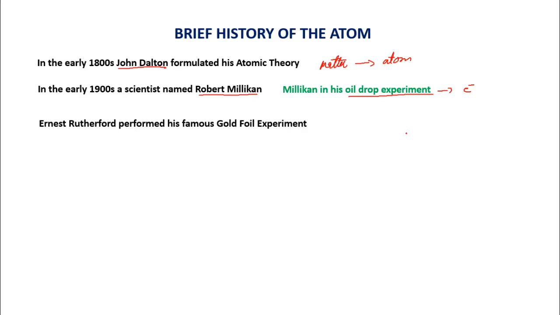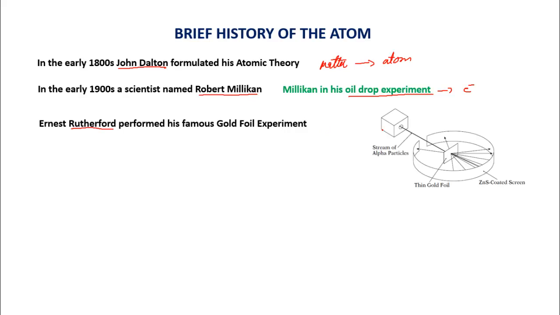And later on, when the proton was also discovered, Rutherford put forward another famous theory called Rutherford's nuclear model of atom. He performed an experiment in which he bombarded a thin gold foil with a beam of alpha particles.